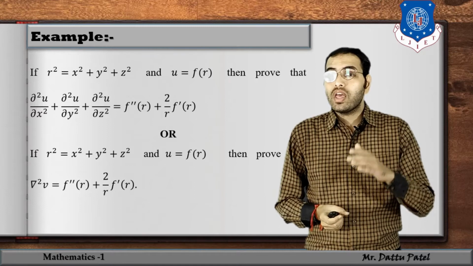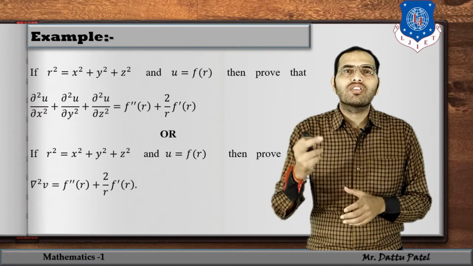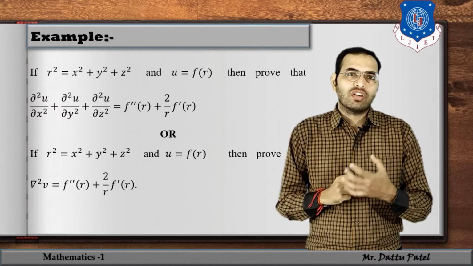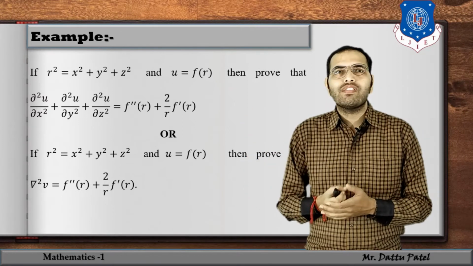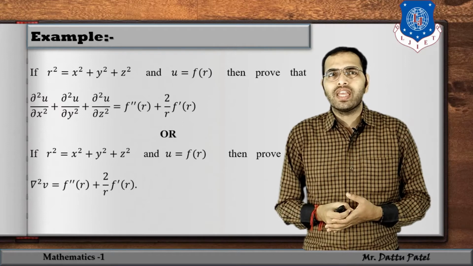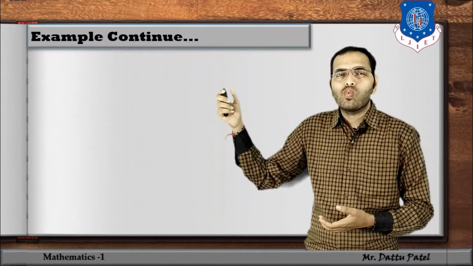Here u = f(r) means we don't have a specific function. In our earlier example we already gave the function. Here we don't have a function, so firstly we have to find the partial derivative of r with respect to x, y and z.